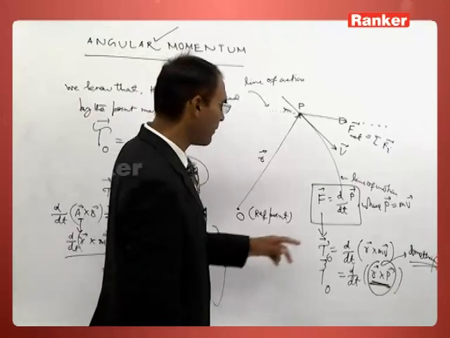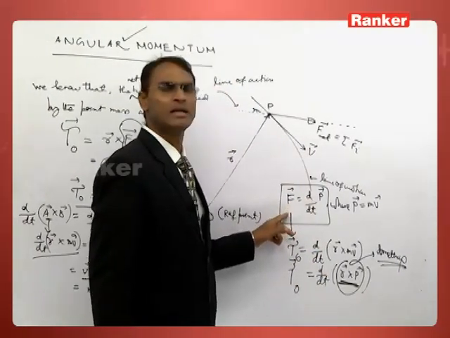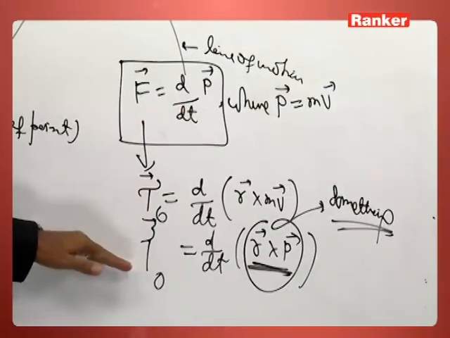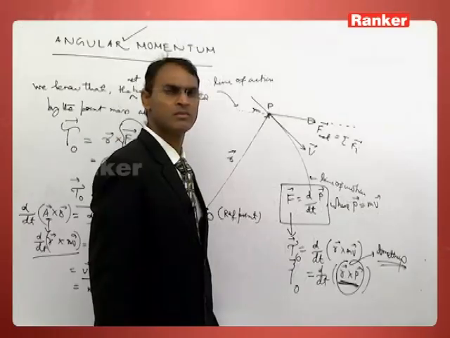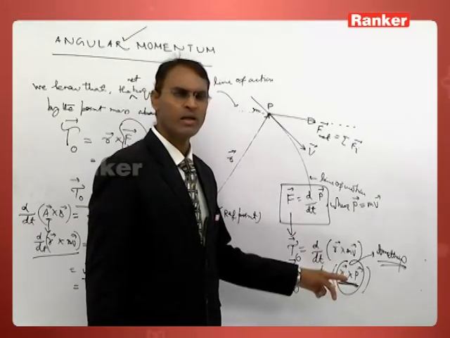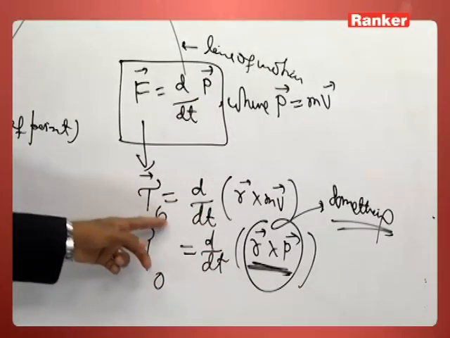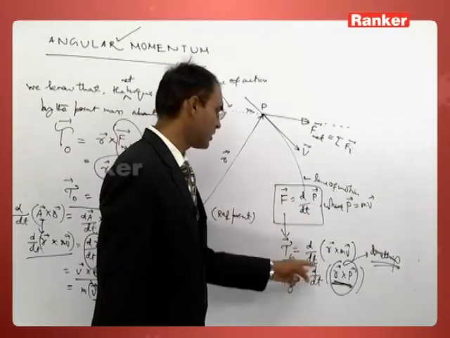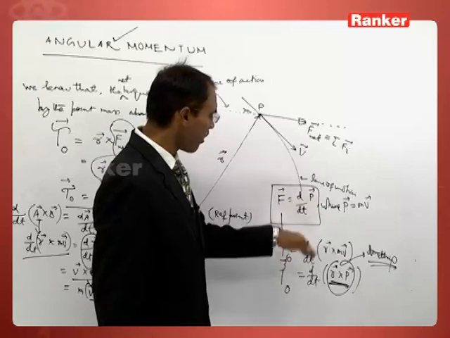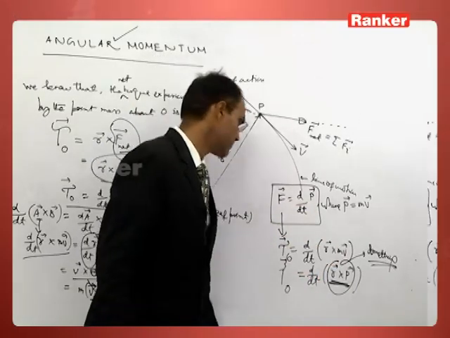It is named angular momentum because force changes the linear momentum. The angular analog of the force, that is torque, should change something. That something should be the momentum. Since torque is the angular analog of the force, this particular term should be the angular analog of the linear momentum, that is angular momentum.